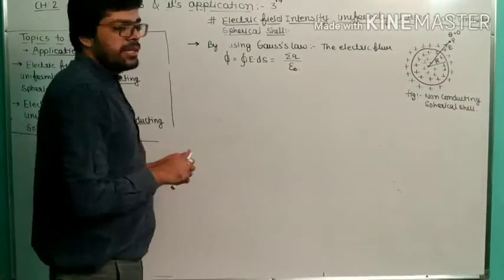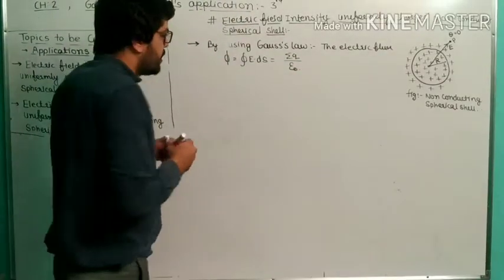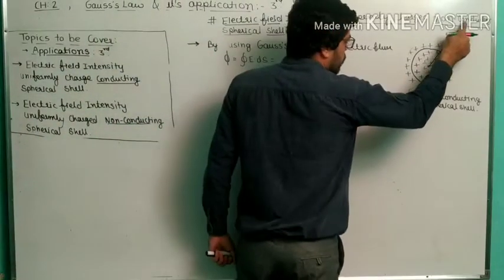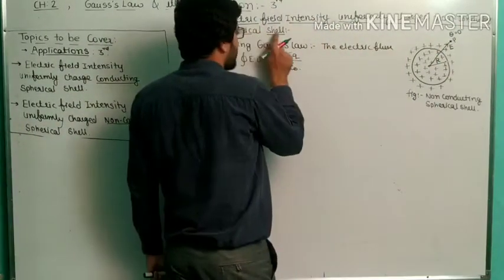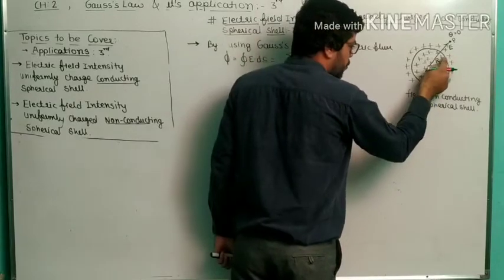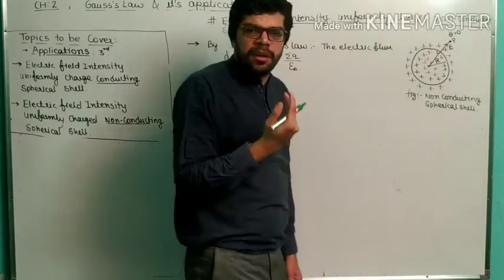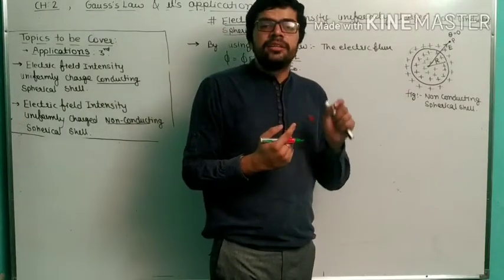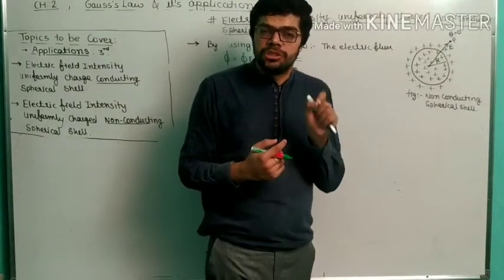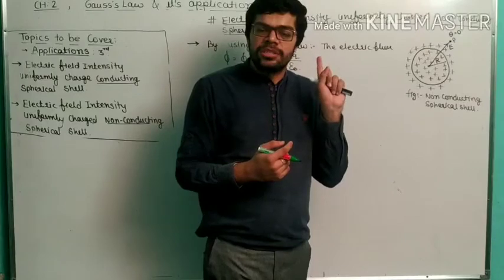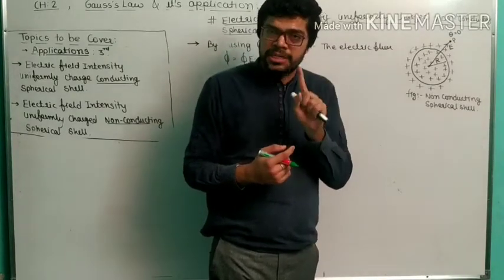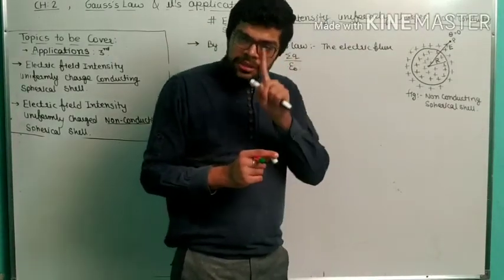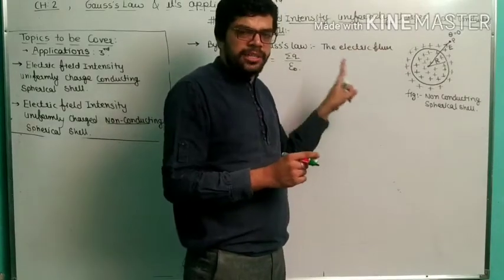Now another understanding we have to create in our mind. Sir, this is a non-conducting spherical shell. Charge is distributed outside or inside. By this, what type of charge distribution does it consist of? It consists of volume charge distribution. Previously it was surface charge distribution because the charge was distributed outside the surface.